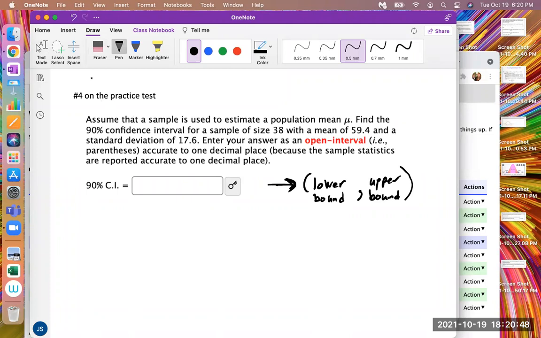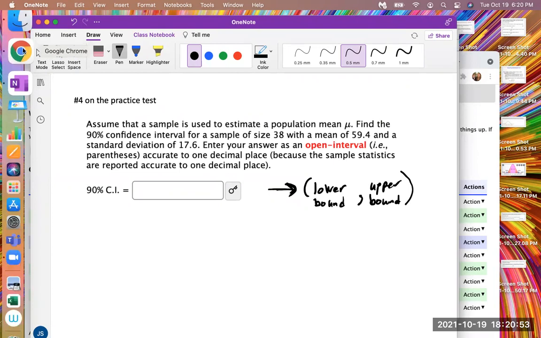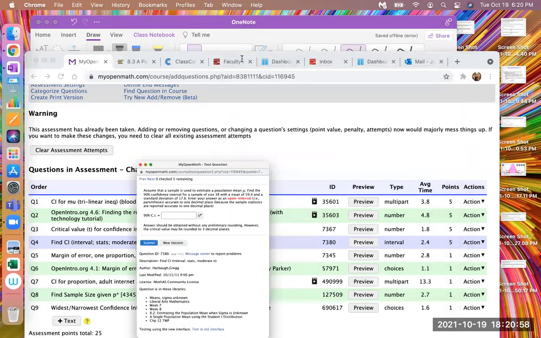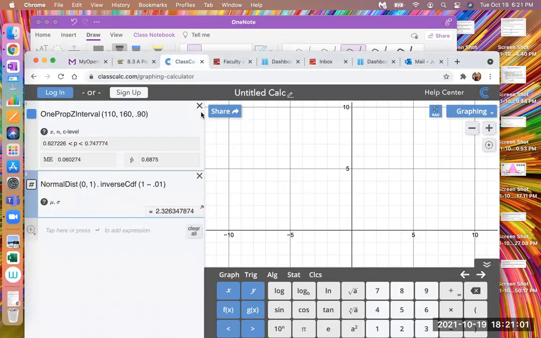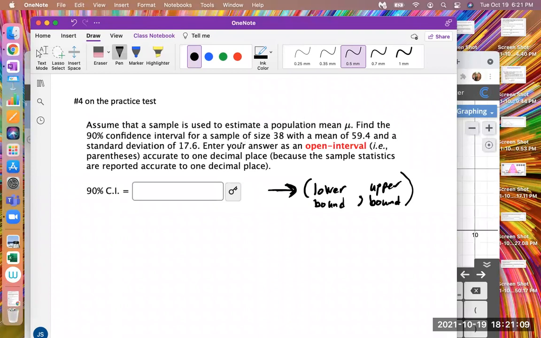Okay, so this is just a calculator question: can we put it in the calculator correctly? So I grabbed the class calc, and one big, huge thing that you have to do with these types of problems is you have to ask yourself, is it a mean or is it a proportion problem?